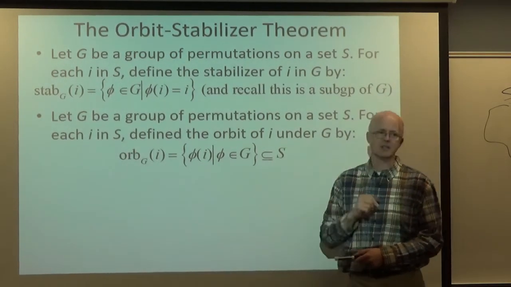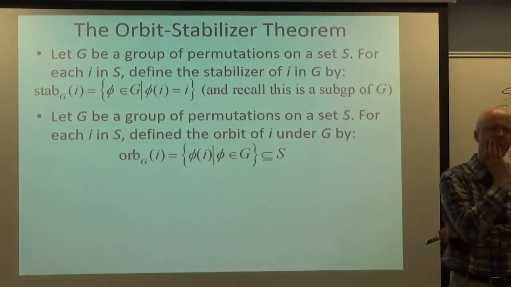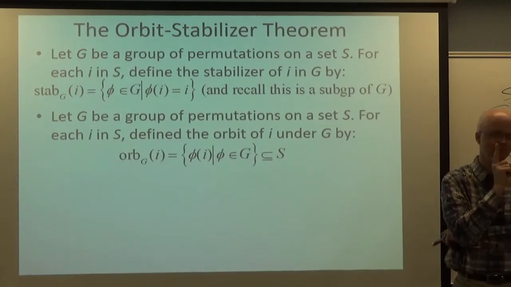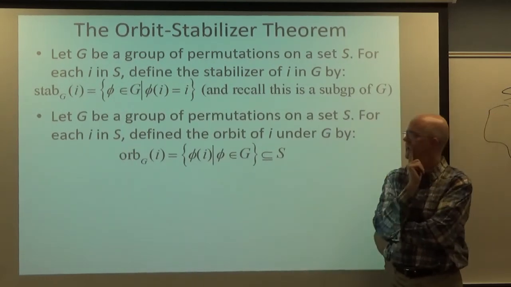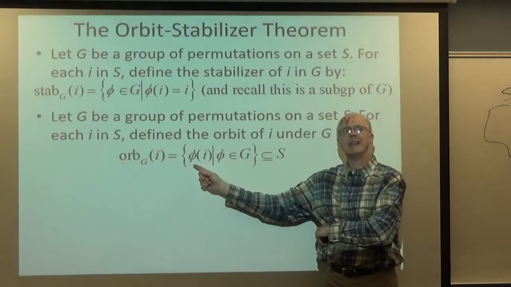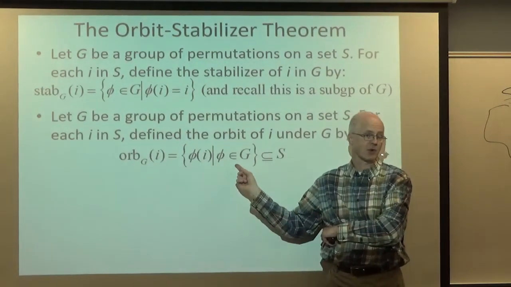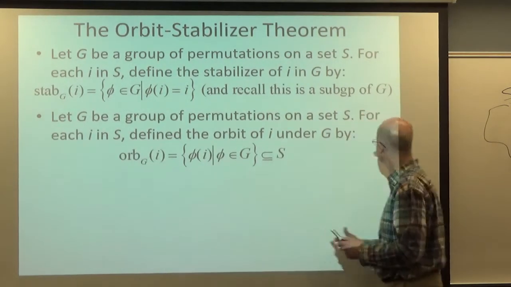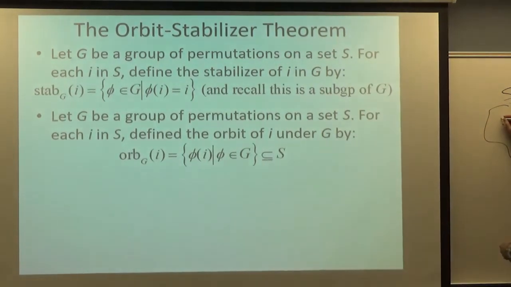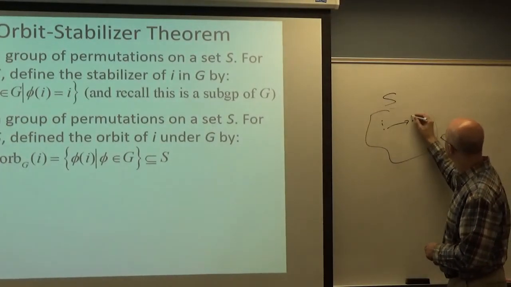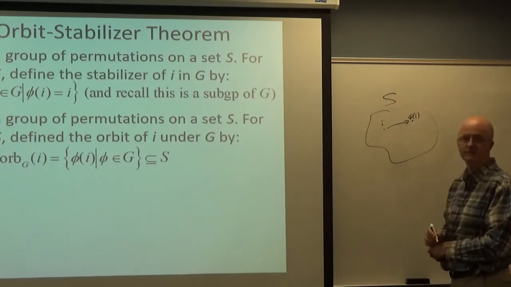It's not the image of some set under one function. It's the image of some individual element of S under many functions. The phi here ranges over all of G. If I is right there, phi of I might be right there.